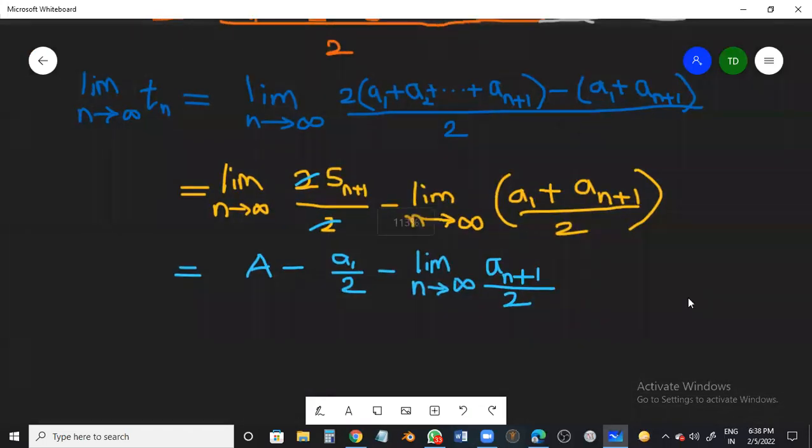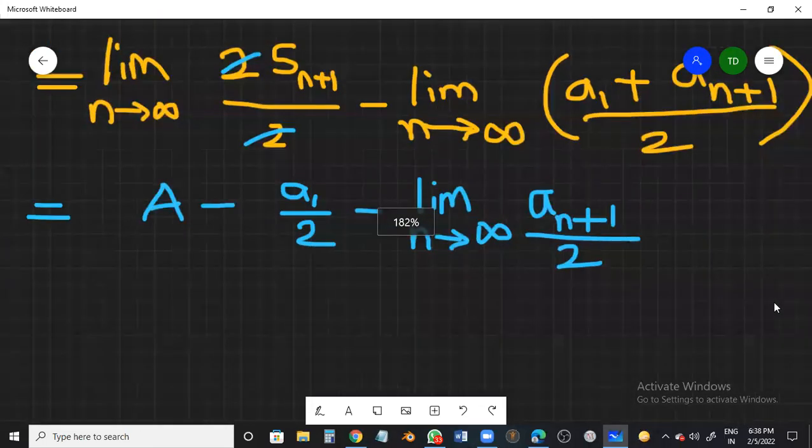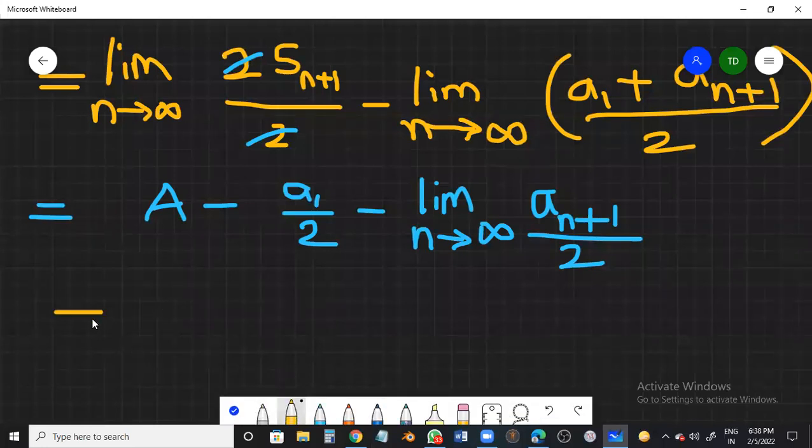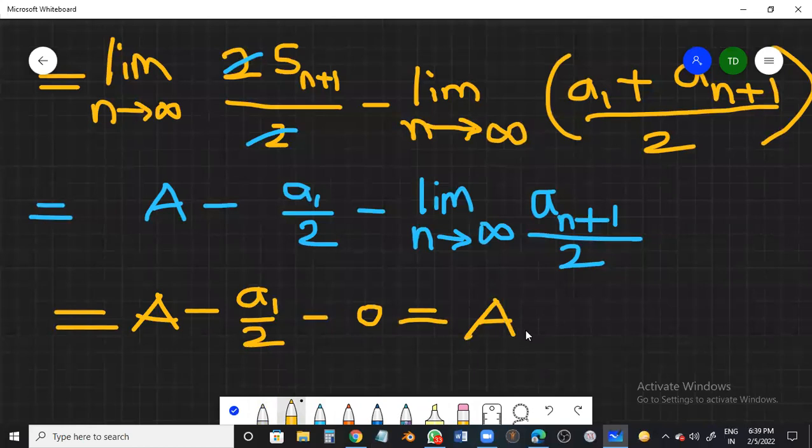So काय झालं? a(n+1) चं लिमिट आलं 0. म्हणजे मग मी इथे काय लिहू आता? इक्वल टू, A minus a1 upon 2. Yes, very good. सो जे लिमिट आधीच्या सिरीजचं दिलेलं आहे कॅपिटल A, त्याच्यातून फक्त फर्स्ट टर्मचा हाफ मला मायनस करायचा आहे. इज इट राईट? आणि ही व्हॅल्यू किती आलेली आहे? 0. सो द आन्सर इज कॅपिटल A म्हणजे आधीच्या सिरीजचं लिमिट मायनस हाफ ऑफ द फर्स्ट टर्म.